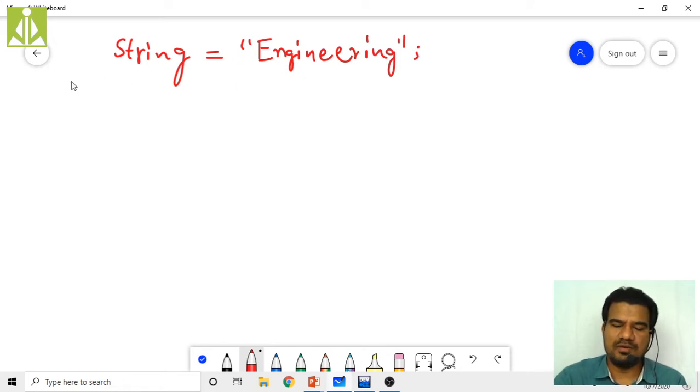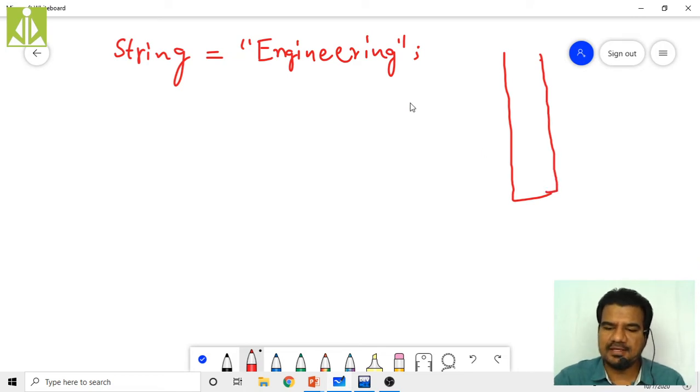So how do we do that? We'll take a stack. This is my stack. What I have to do is scan this string from left to right. Generally whenever we read a string, we read from left to right only. So this is my left and this is my right, isn't it?